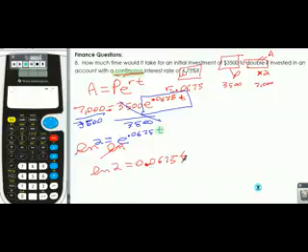To solve for T, I divide by the decimal on both sides. And that'll cancel and leave me T over here. Over here on this side, ln of 2 divided by 0.0675.